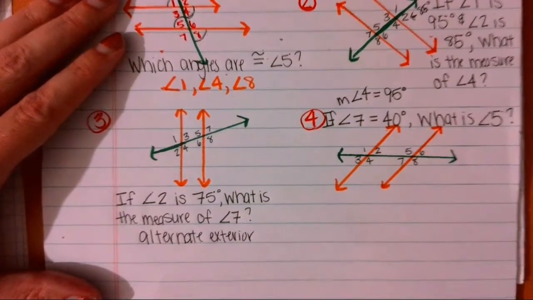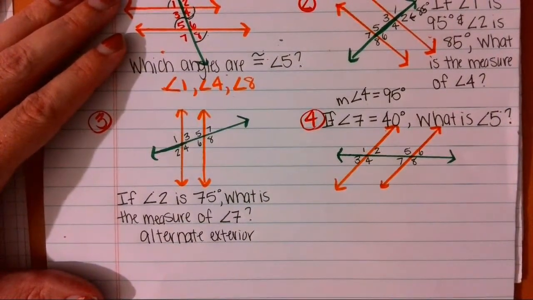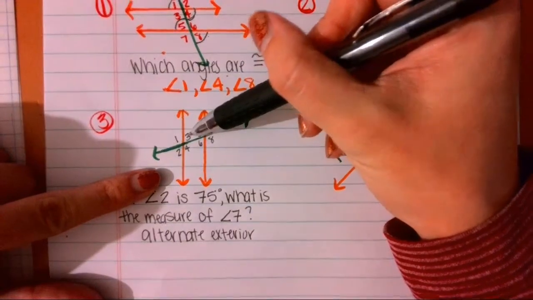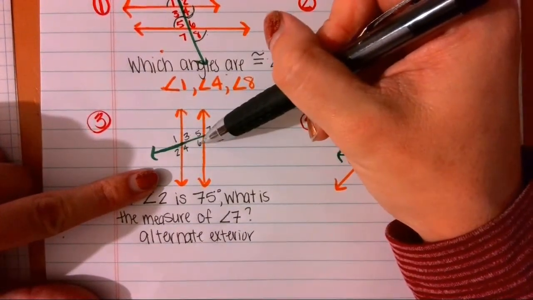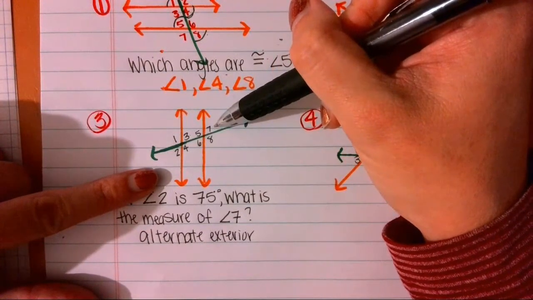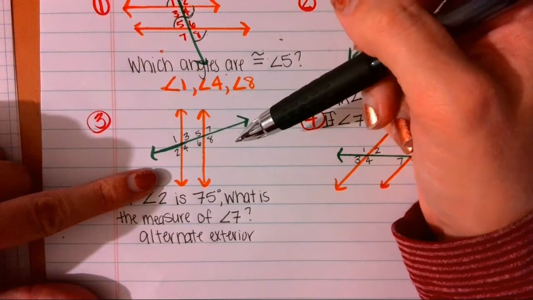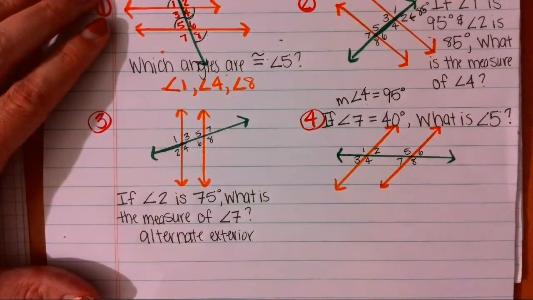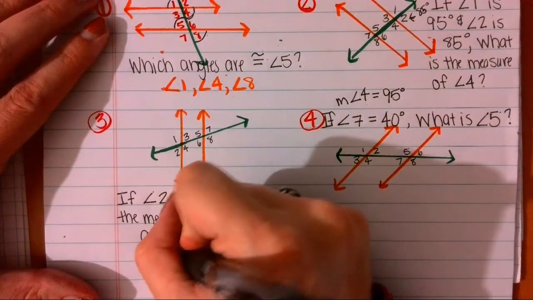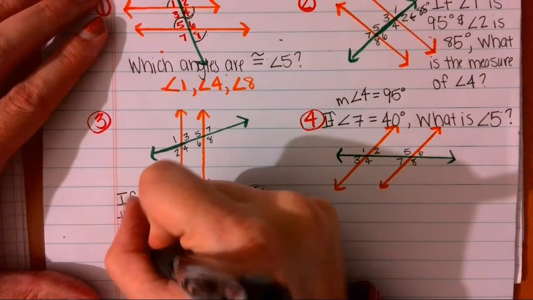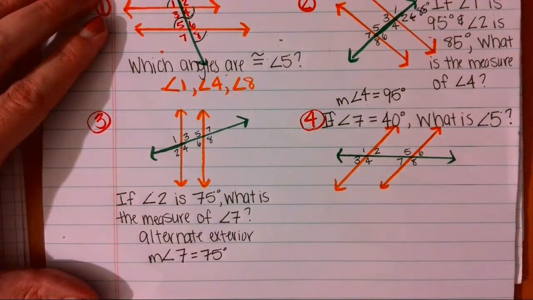And then I know that means they have to be congruent. And if you look, angle 3 would be congruent to 2. Angle 6 would be congruent to 2. And so angle 7 would be congruent to angle 2. So angle 7 would be 75 degrees. And we'll put a little M there that says the measure of angle 7.